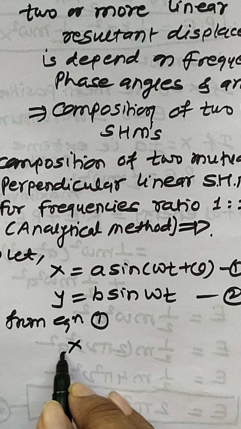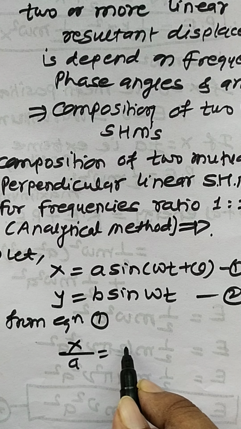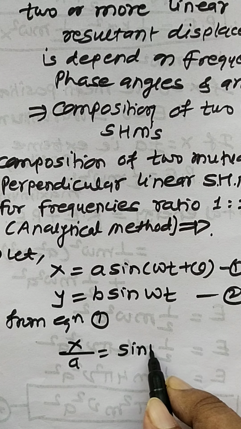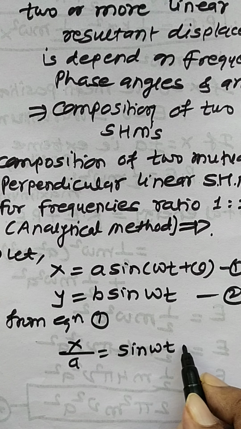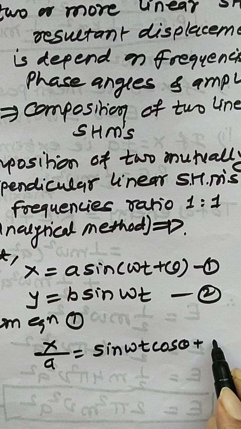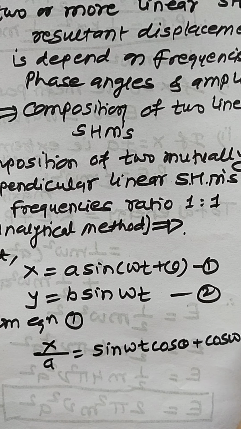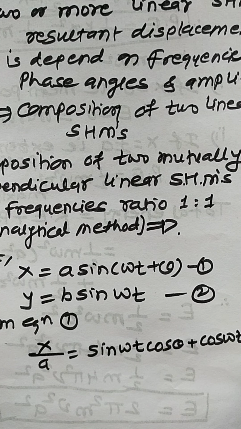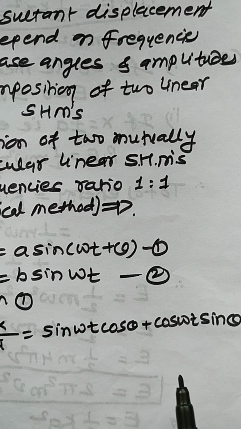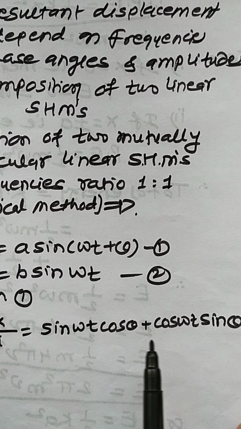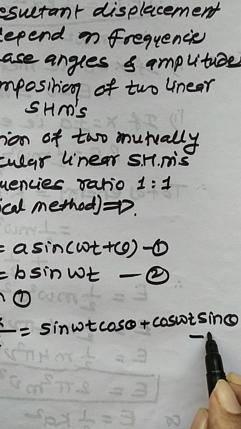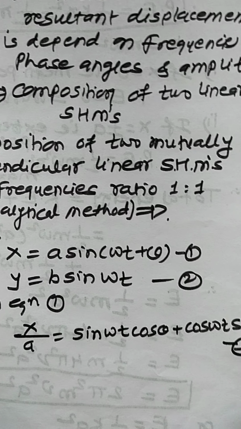x upon a is equal to sin omega t cos theta plus cos omega t sin theta. Here sin(omega t plus theta) is written in trigonometric form as sin omega t cos theta plus cos omega t sin theta. This is equation number 3.